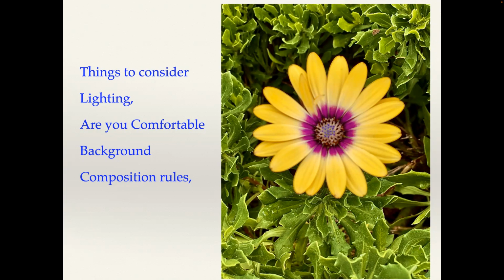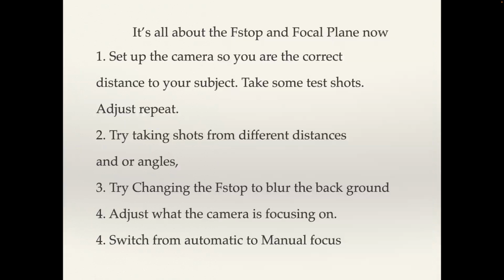Then what's behind the picture that you're taking? Do you follow some good composition rules? Can you set the picture up so that it's going to be attractive once it's taken? And then at this point, it's all about f-stop and focal plane.